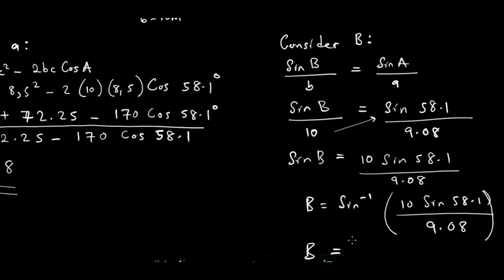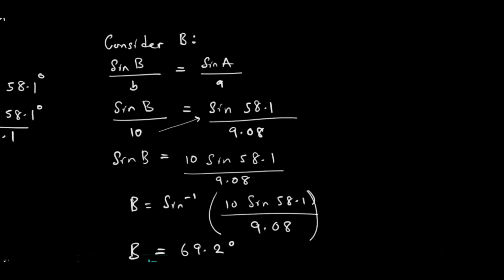Rinoita kuti tinyore fraction, ndonyora fraction yangu 10 sine 58.1, like that. And this is over 9.08. The answer I get panapa it's 69.2266660174. Yandonyora to 3 significant figures is 69.2 degrees. Saka tawana this angle 69.2 degrees.